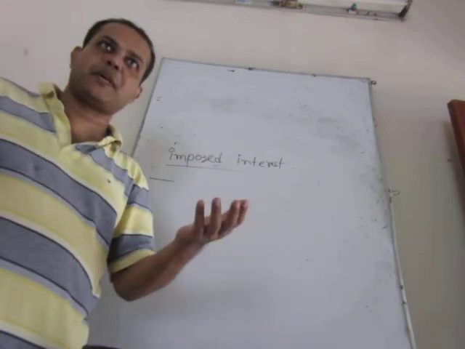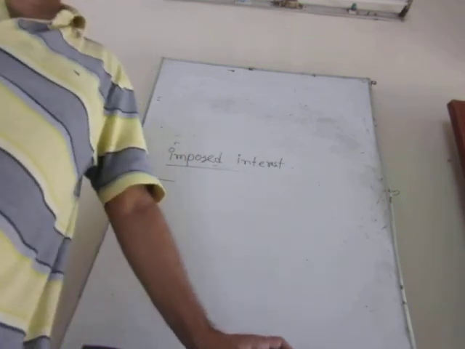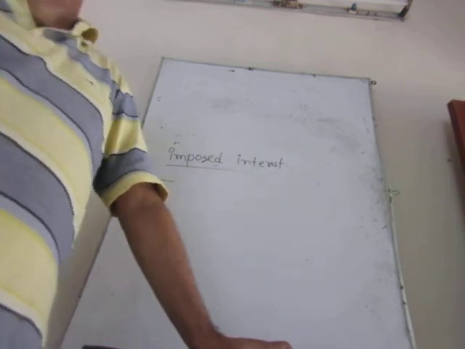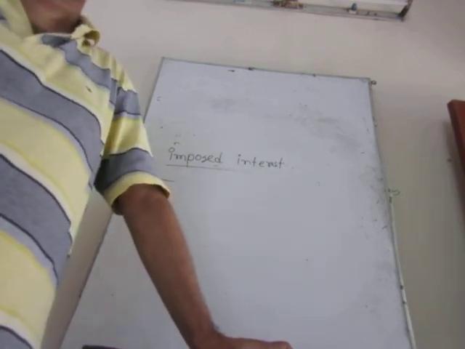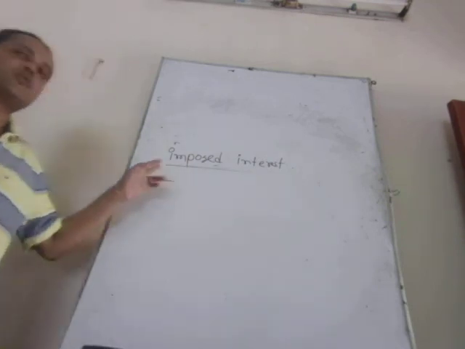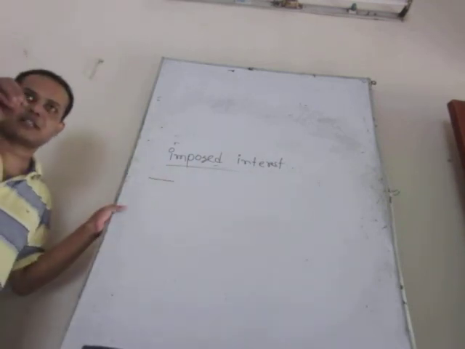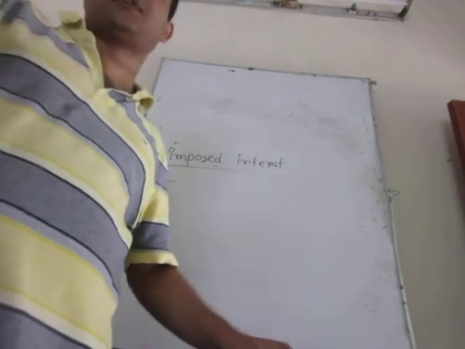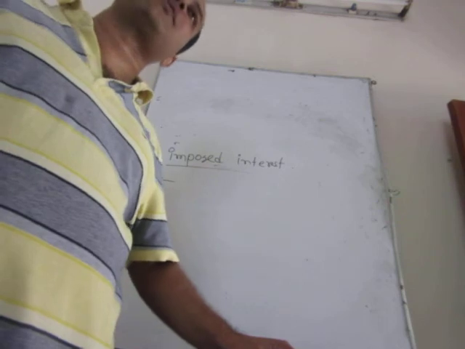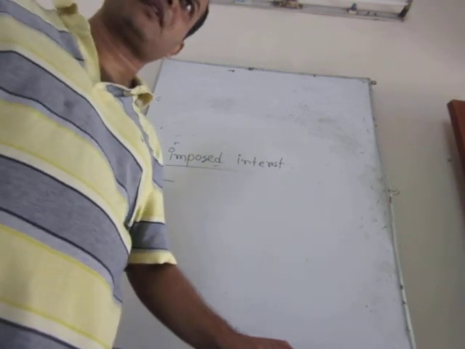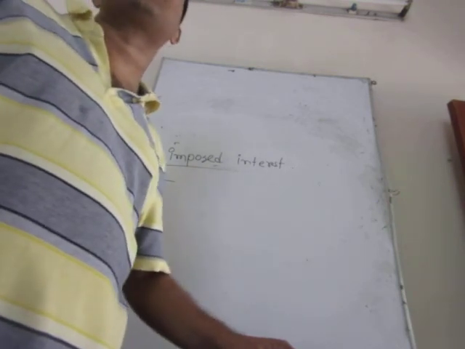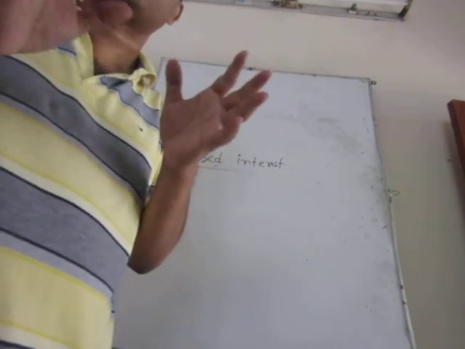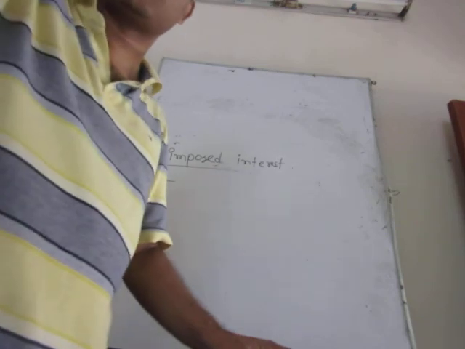As for example, for your daily expenses, in most cases you will use your own disposable income rather than borrowing somewhere else. So through imposing interest, the government cannot control disposable income, or you can say public spending, to that extent, because people are not borrowing, they are using their own disposable income.